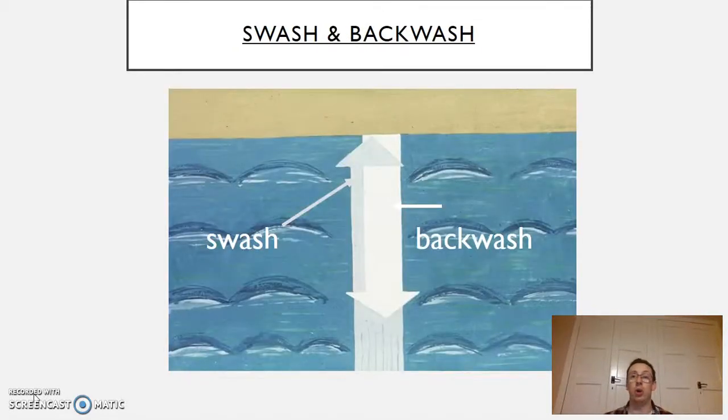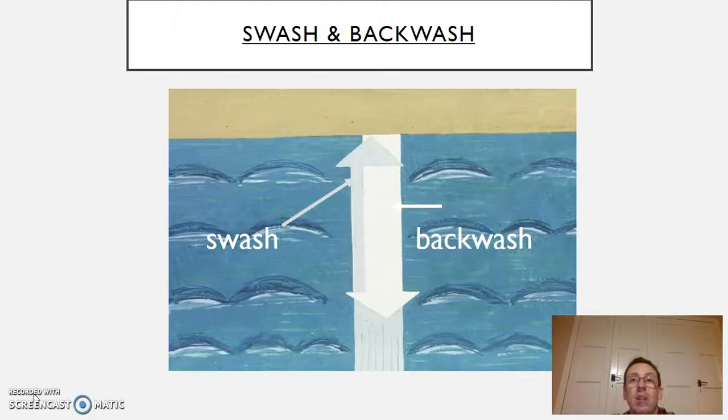Now, swash and backwash are just the names we give for the action of waves either adding material onto a beach or removing it from a beach. Swash is material that's moving onto a beach, and backwash is material that's coming back off of a beach.